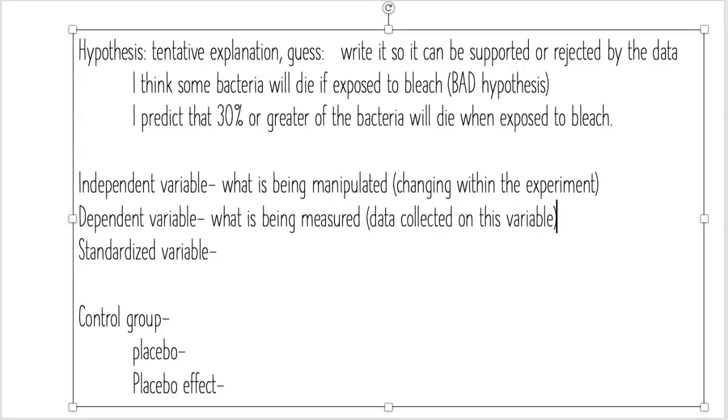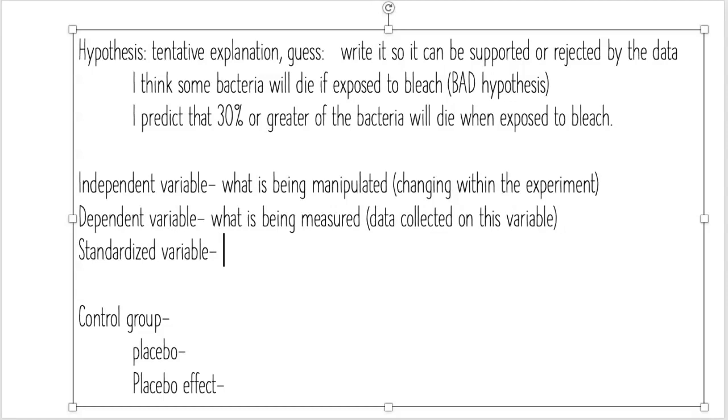You're measuring the whatever, based on how much time you let that plant grow or whatever the case is here. This is what you're collecting your data about. You're measuring it. You're measuring in grams, in liters, in volume, in time, in whatever. These are usually the things that get measured, the dependent variables.